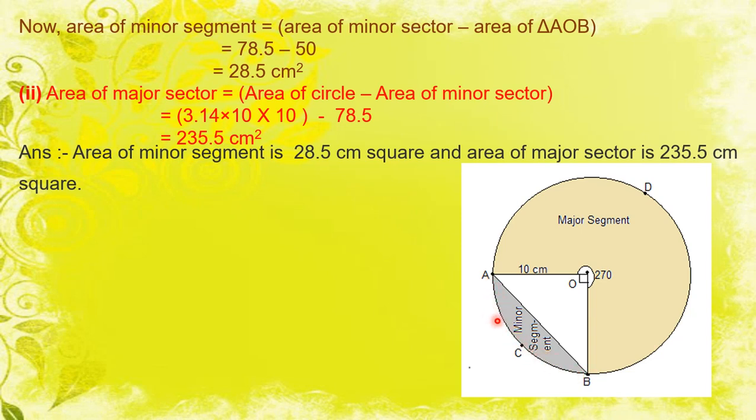So by using these three formulas, we can find the area of the sector, the area of the segment, and the length of the arc.